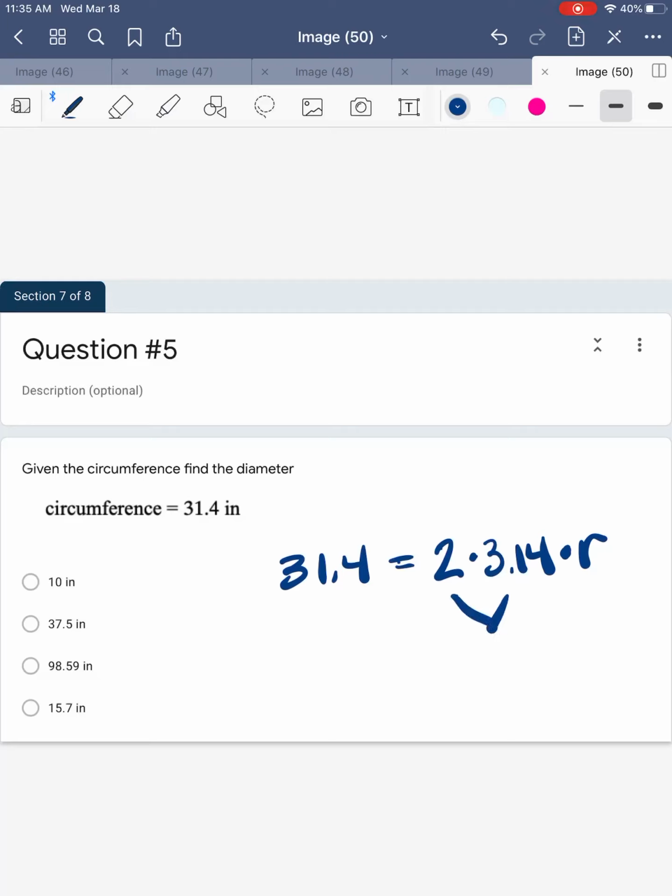First of all, I'm going to take the 2 times the 3.14. 2 times 3.14 is 6.28, and I still have the radius there, equals 31.4.